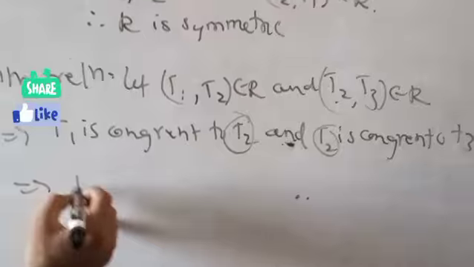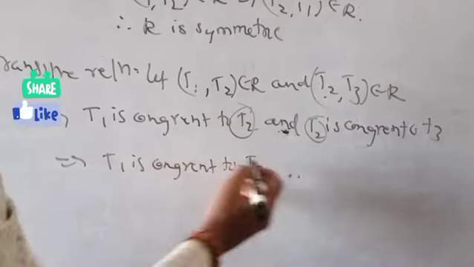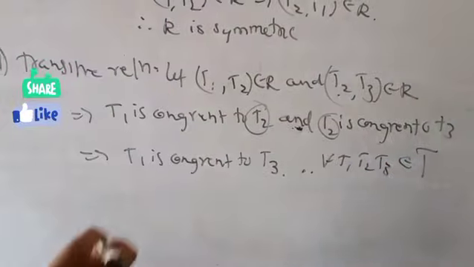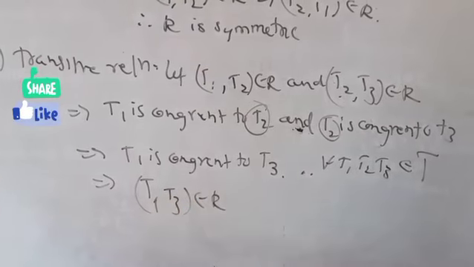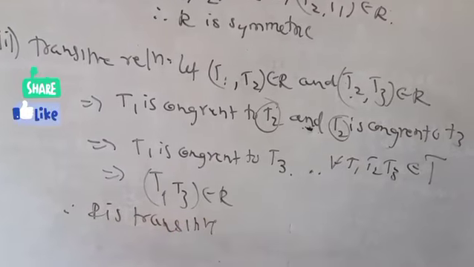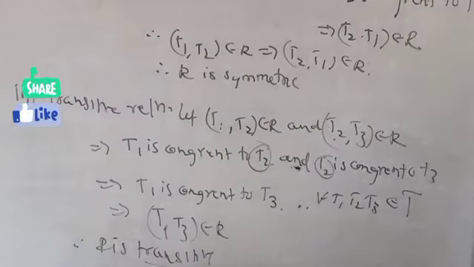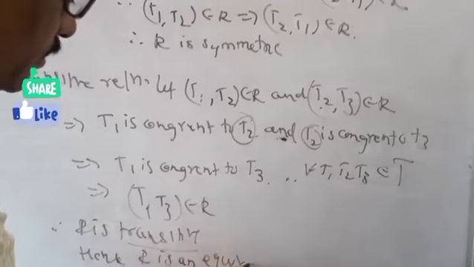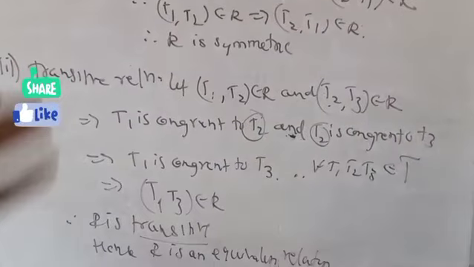Therefore, T1 is congruent to T3 for all T1, T2, T3 belonging to the given set of triangles. This implies (T1, T3) belongs to R. Therefore, R is a transitive relation. R is reflexive, R is symmetric, and R is transitive. Hence, R is an equivalence relation.